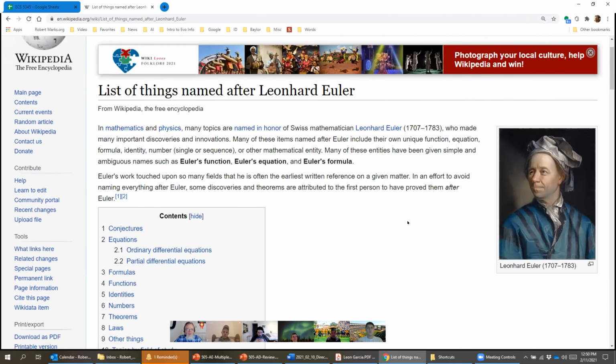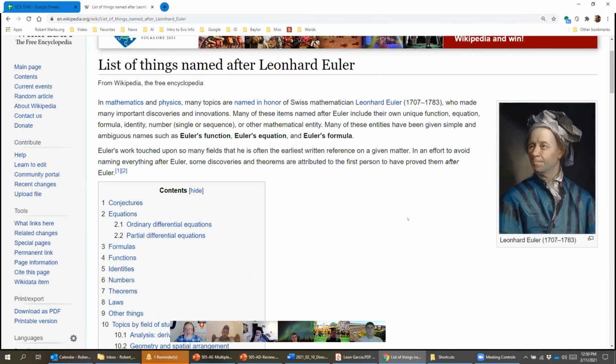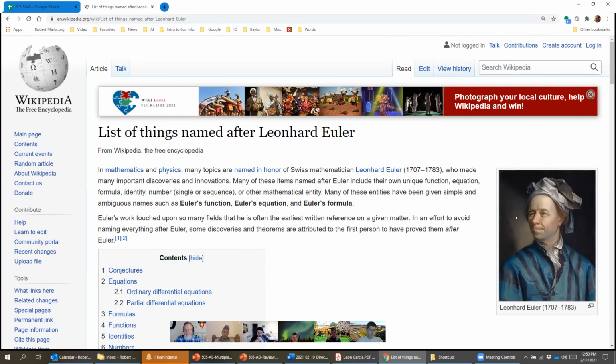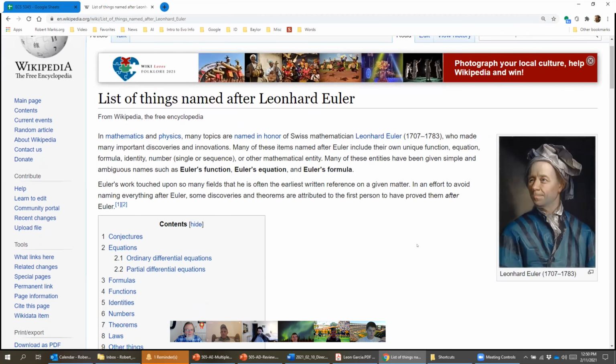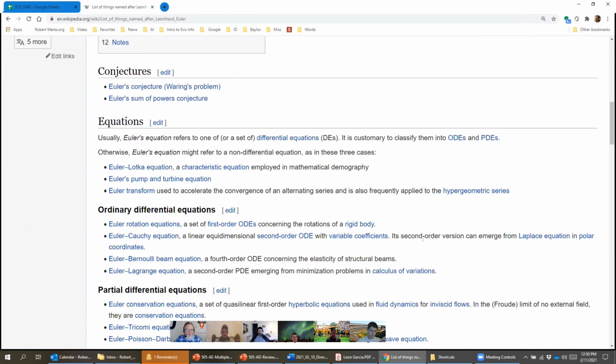This is a page in Wikipedia that shows all of the things named after Euler. Euler was incredible. He lost the sight in one of his eyes. You can see his eye kind of withered here. He was in St. Petersburg. But these are the things which are named after Euler.